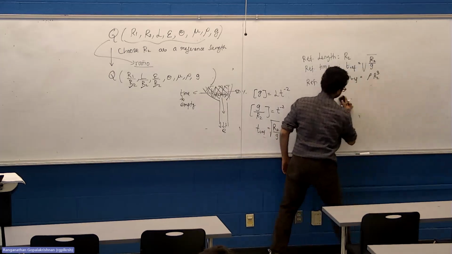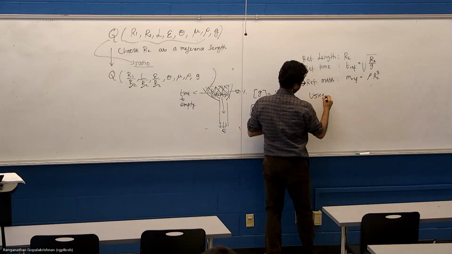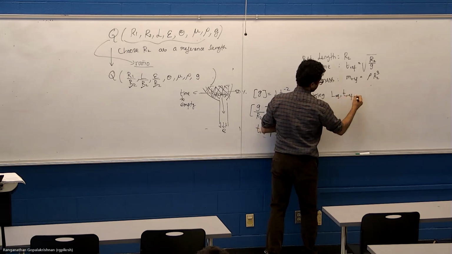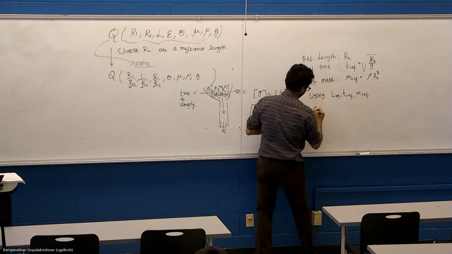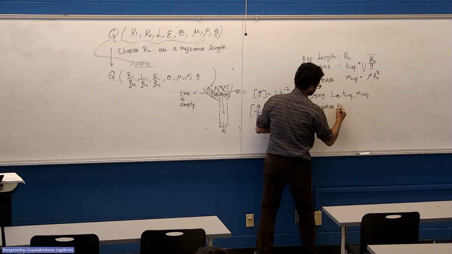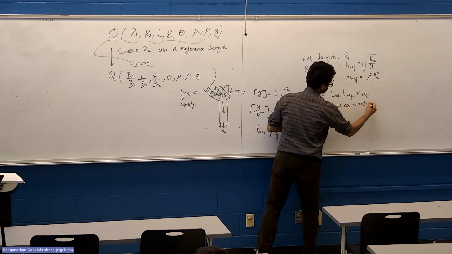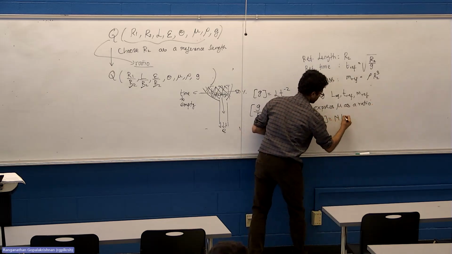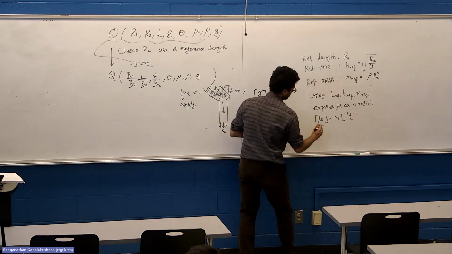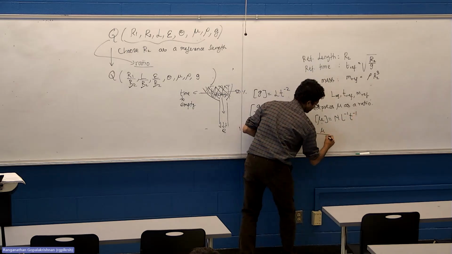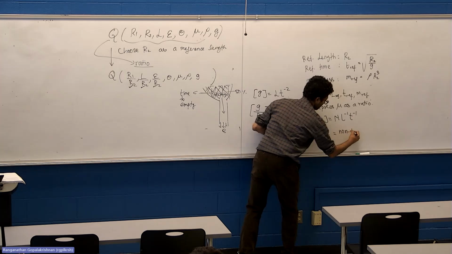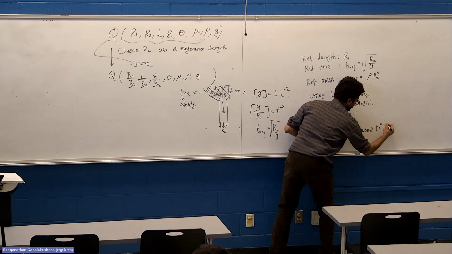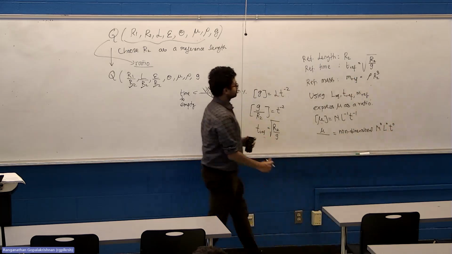Using L ref, T ref, and M ref, express mu as a ratio. Meaning, if mu has dimensions of mass per length per time, what should I divide mu by to get something non-dimensional? Non-dimensional meaning mass to the power 0, length to the power 0, time to the power 0.